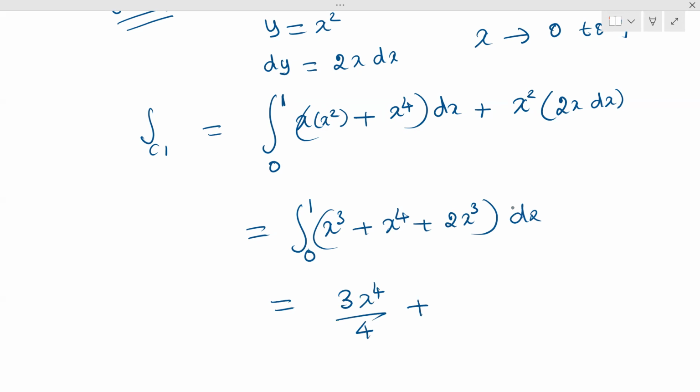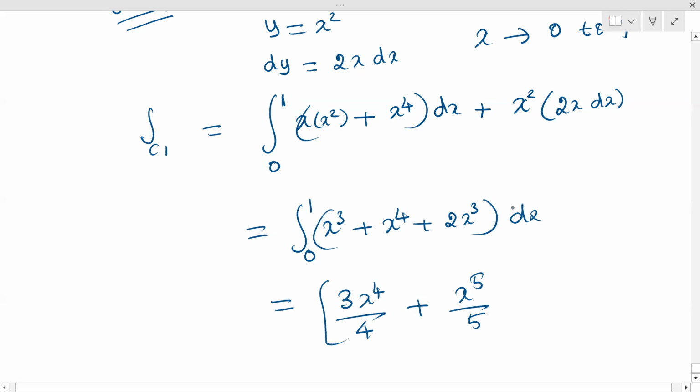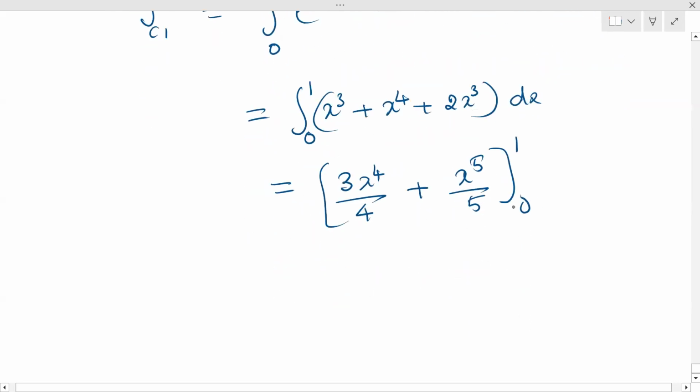Next, integration of x power 4 is x power 5 by 5. Limit is 0 to 1. So what we will get? 3 by 4 plus 1 by 5. When we take LCM, we will get 19 by 20. This is for the line C1.